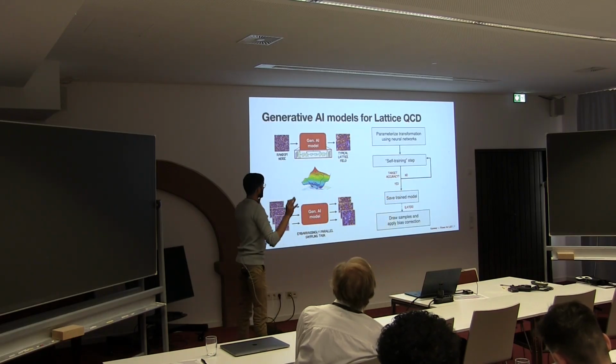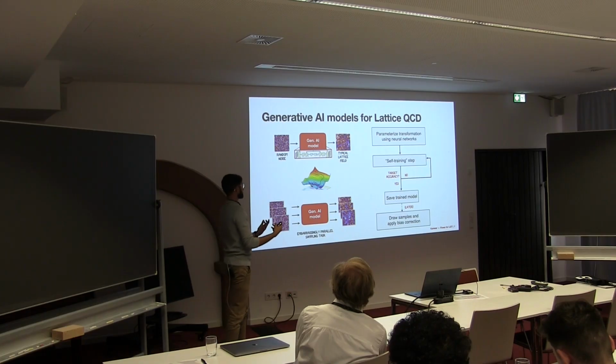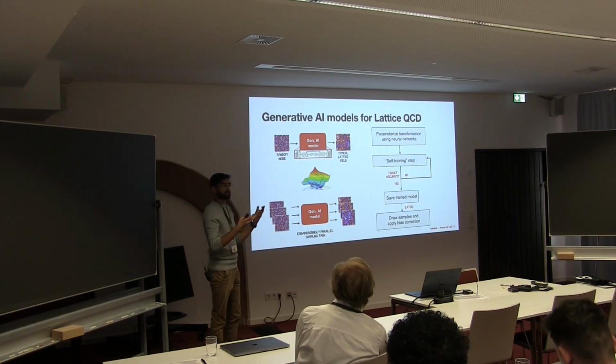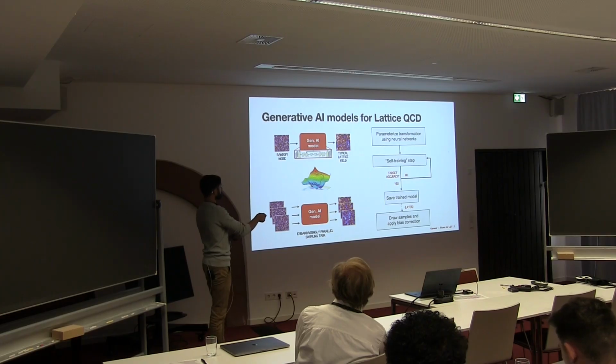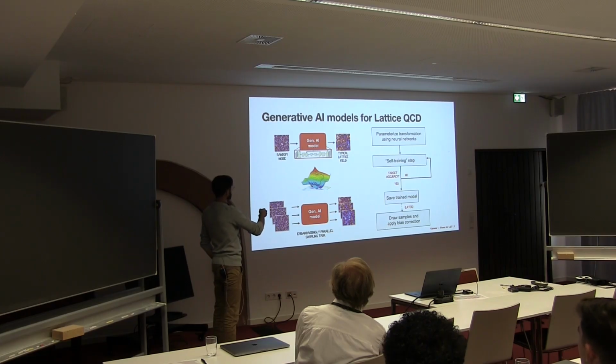So to give a bit of a bird's eye view, suppose we had such a model that I could feed random noise into, and it does some transformation. Maybe there's some details in here that we could get to later. And it outputs a field configuration that's typical in some sense, or in a more precise sense, is distributed exactly according to e to the minus action. This is a parameterized transformation, and I get out some sort of samples from this if I feed in random noise.